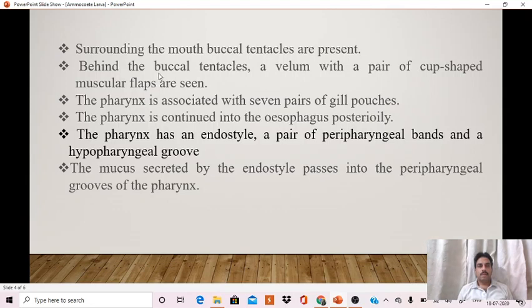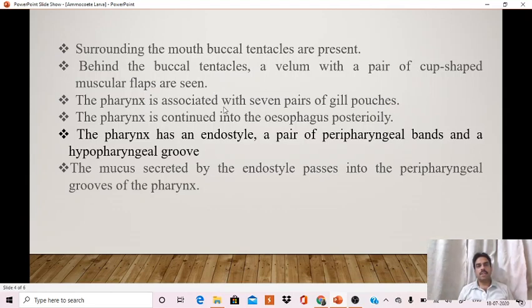Behind the buccal tentacles, a velum with a pair of cup-shaped muscular flaps are seen. So a velum is present in between buccal cavity and pharynx.